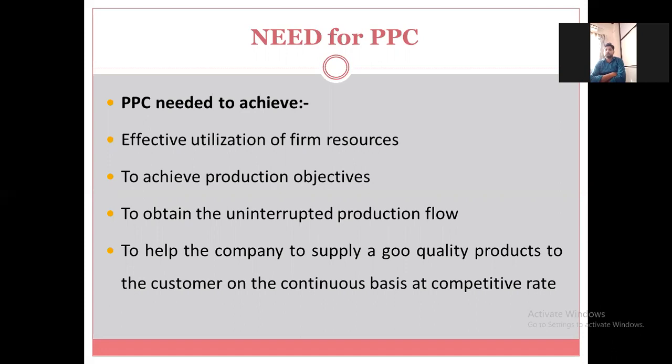First one, effective utilization of firm resources. Then second one, to achieve production objectives. Third one, to obtain uninterrupted production flow.